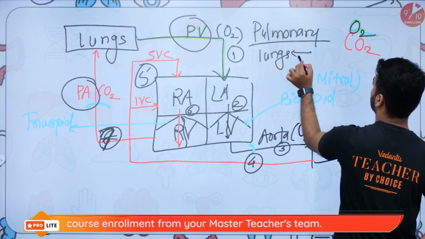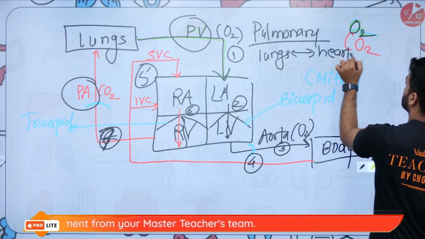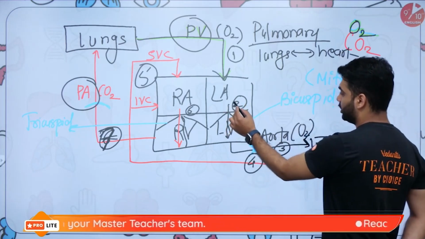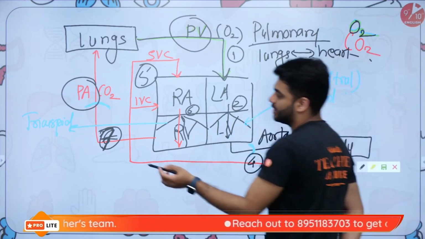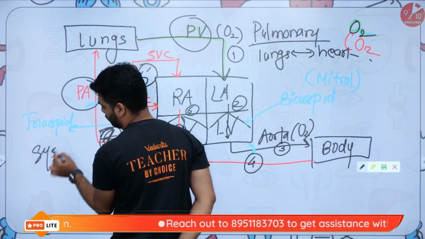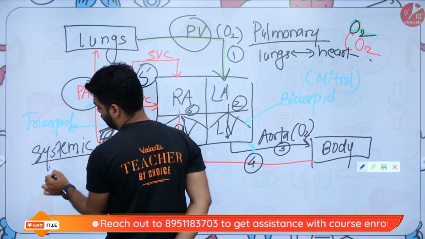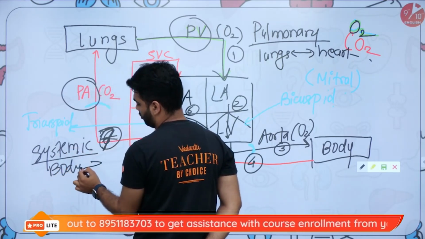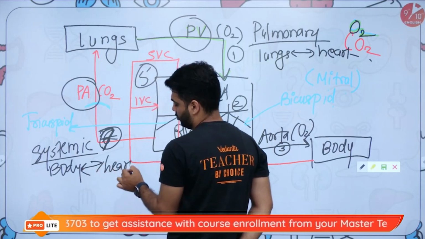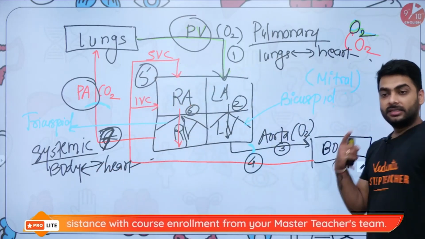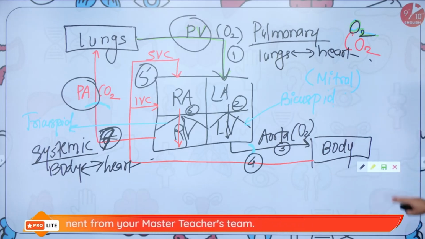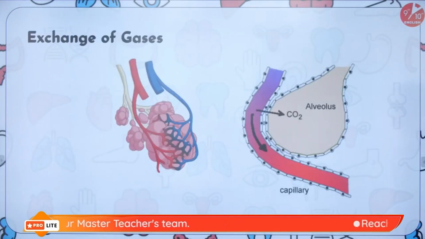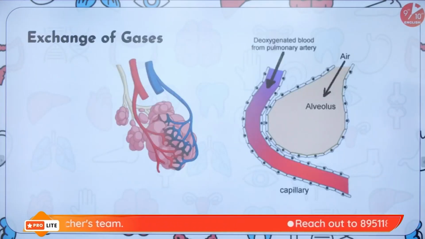Heart to body, body to heart is called systemic circulation. So that is double circulation in humans, right?